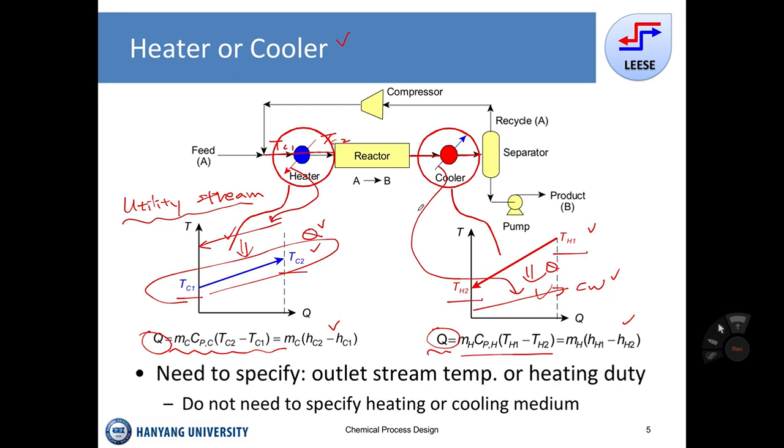So in that case, we leave the decision for the heater and cooler for later. We just concern ourselves with the amount of cooling requirement and the amount of heating requirement. Then later, at the final stage of design, we can confirm how we can provide the utility streams for the steam and the cooling water. Okay?